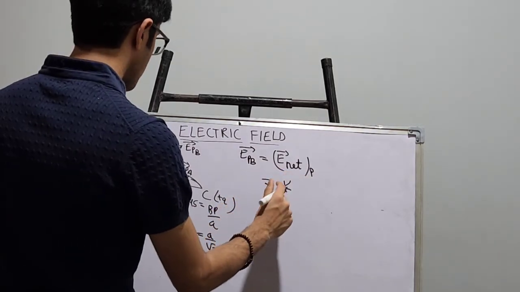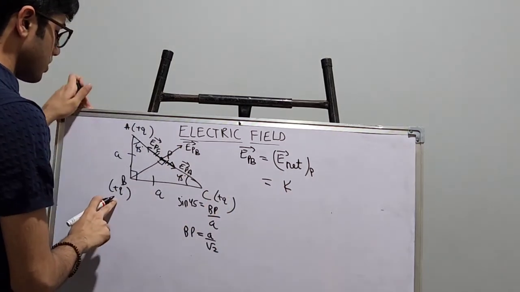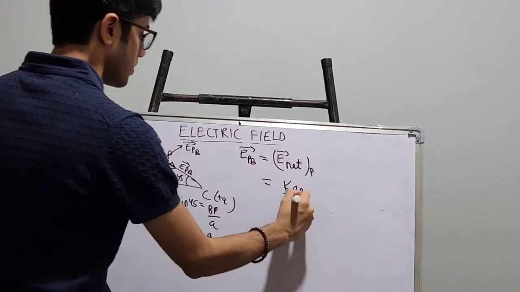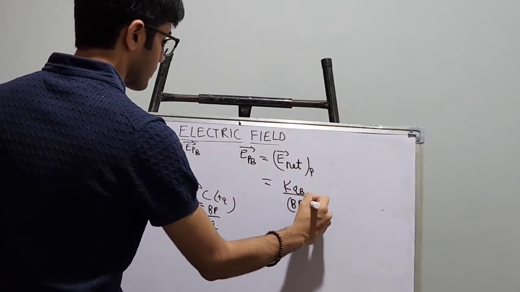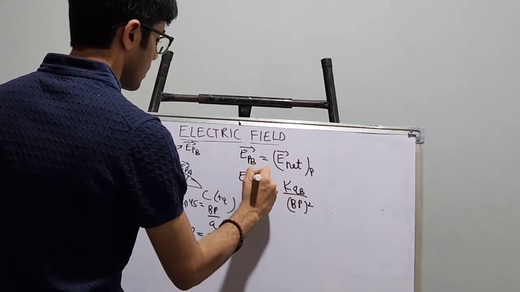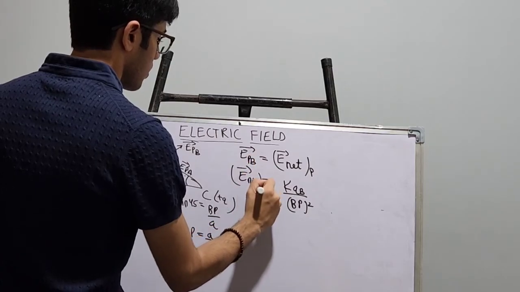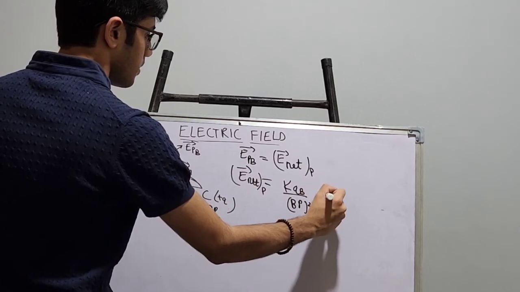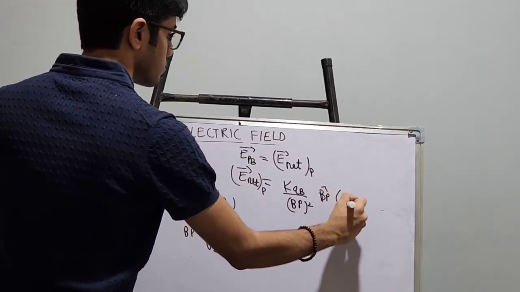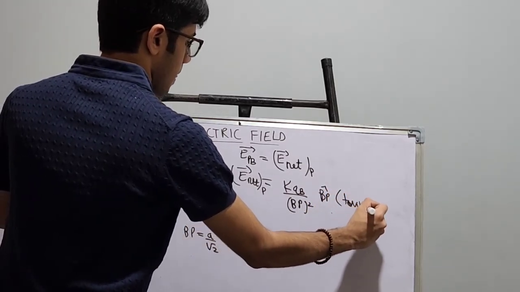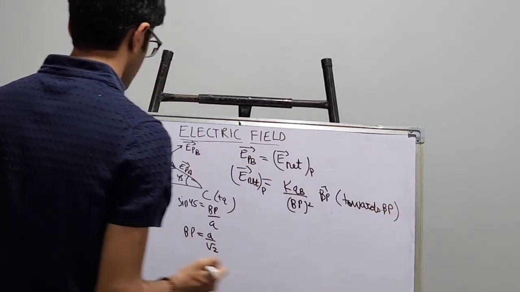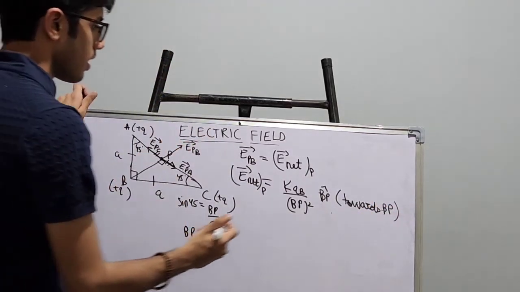So this is K, Q_B upon BP squared. This is the net electric field, and the direction is BP cap. This means towards BP, or along the line BP.